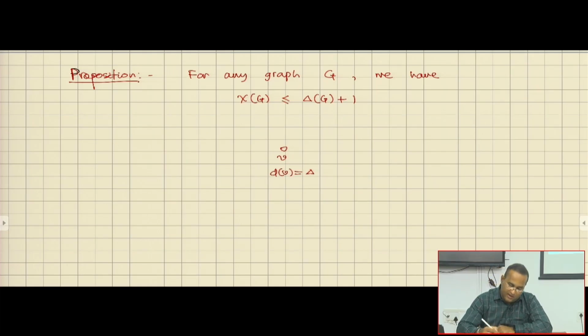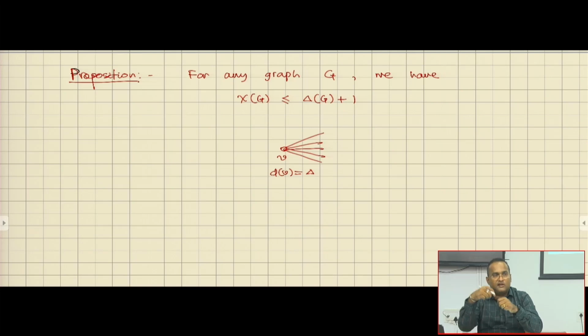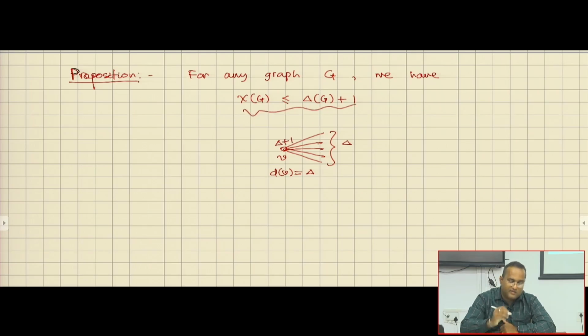Then how many colors will this V and the open neighborhood of V require? In the worst case they are going to have delta number of colors, and we need to give V one more, delta plus 1 colors, right? So because of that, chi G is at most delta G plus 1, okay.